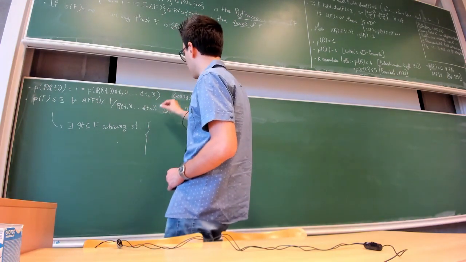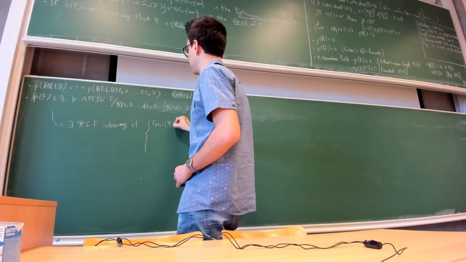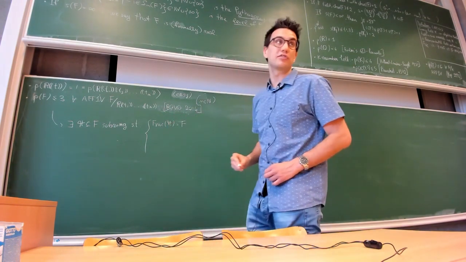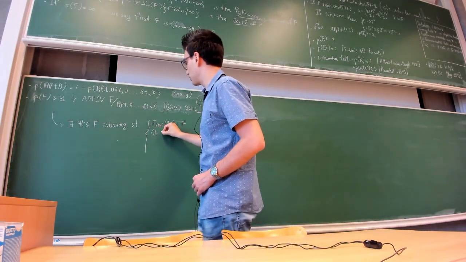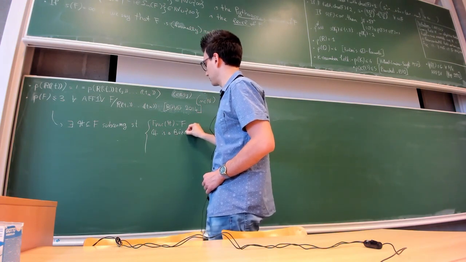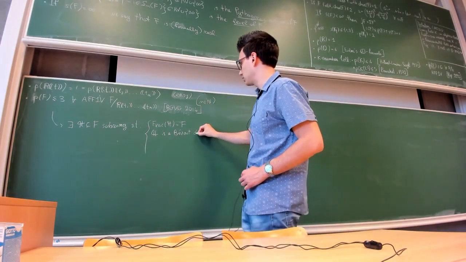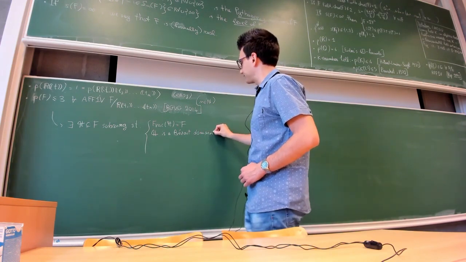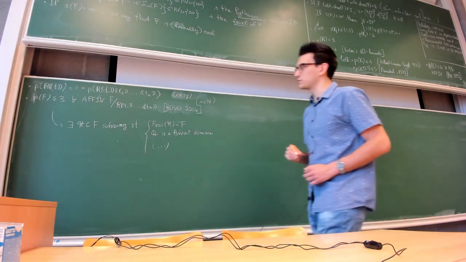I won't list all of them now, but first of all, F is the fraction field of such a subring. Second, H is a Bézout domain, and I will explain, of course, what it is. And then there are other properties which I will explain better later.